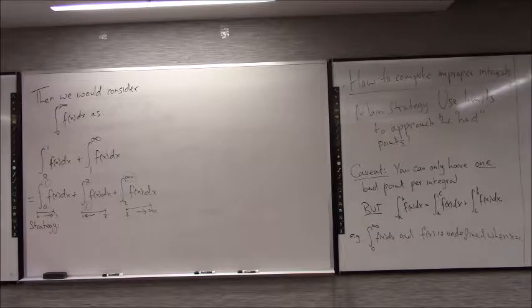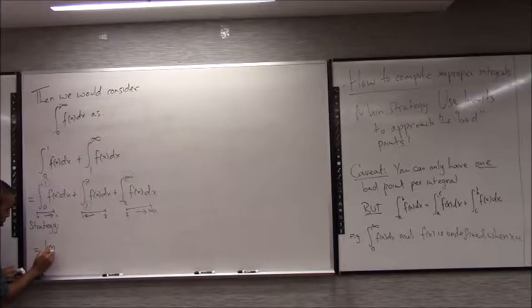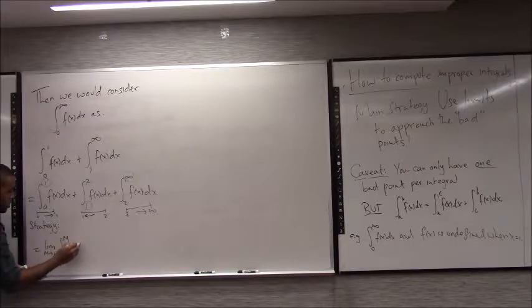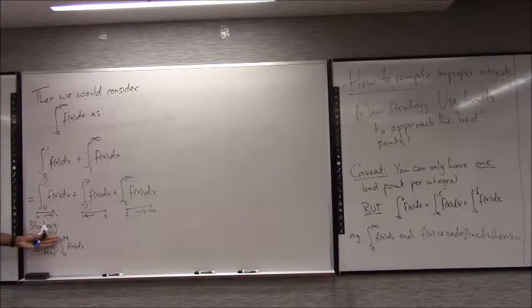Okay. Alright, so our strategy then to compute this integral would be something like this. I would take the limit as, say, m approaches 1 from the left of the integral from 0 to m of this function. So I replace the upper limit with a variable, and let that variable approach 1.